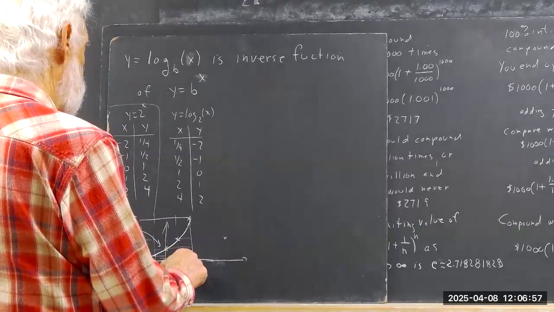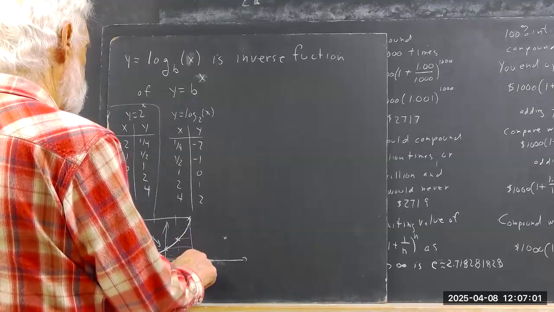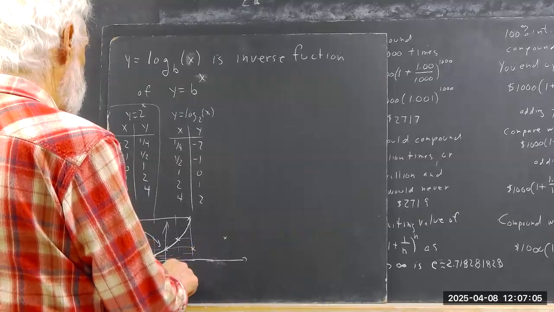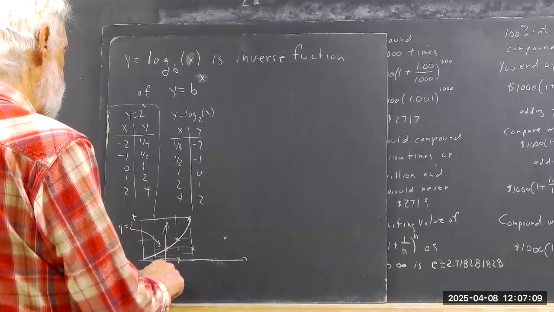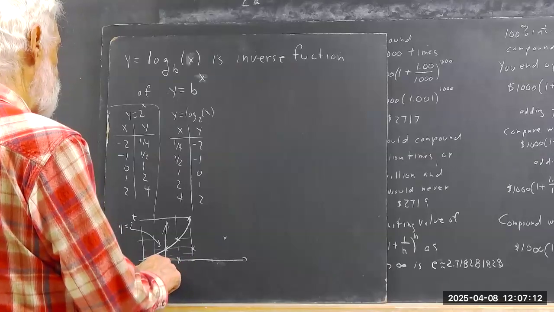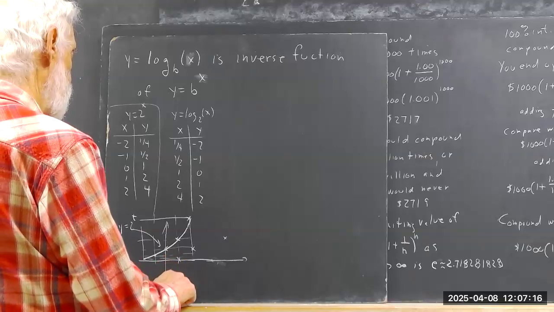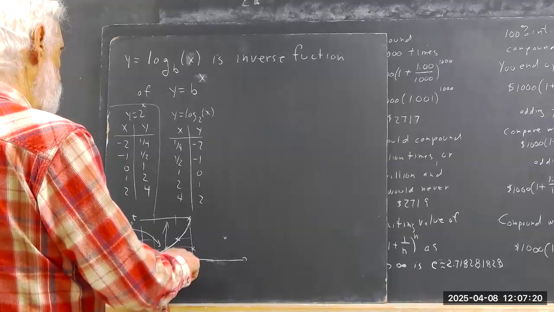This point is 1, 2; I get the point 2, 1. This point is 0, 1; I get the point 1, 0. This point is -1, 1/2; I get the point 1/2, -1. And then the point 1/4, -2.